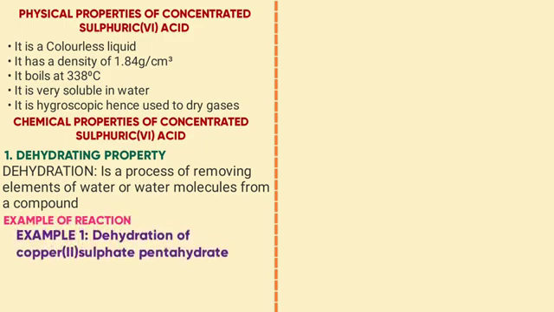Hydrated copper sulfate. The equation is copper sulfate pentahydrate, arrow, concentrated sulfuric acid, gives you copper sulfate anhydrous plus 5 water.